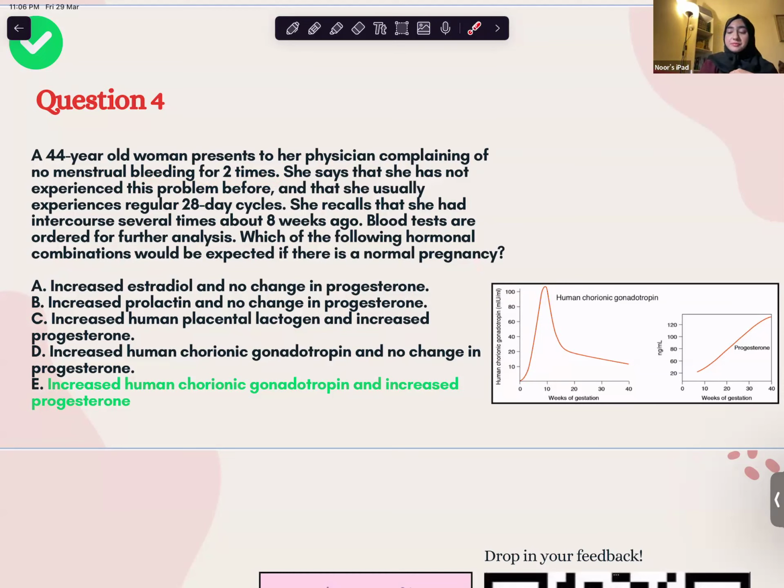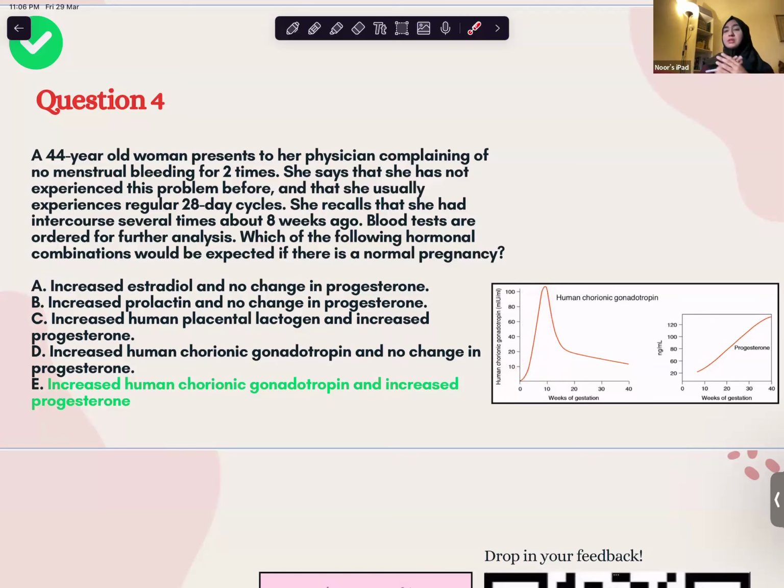So what happens when those 8 weeks have passed? Remember one point when I mentioned human chorionic gonadotropin, that it peaks at week 10. So as for now, per the question, 8 weeks have passed since her pregnancy. So there will be an increase in human chorionic gonadotropin. Remember, HCG spikes till week 10, and this woman has been pregnant for the last 8 weeks. So there would be an increase.